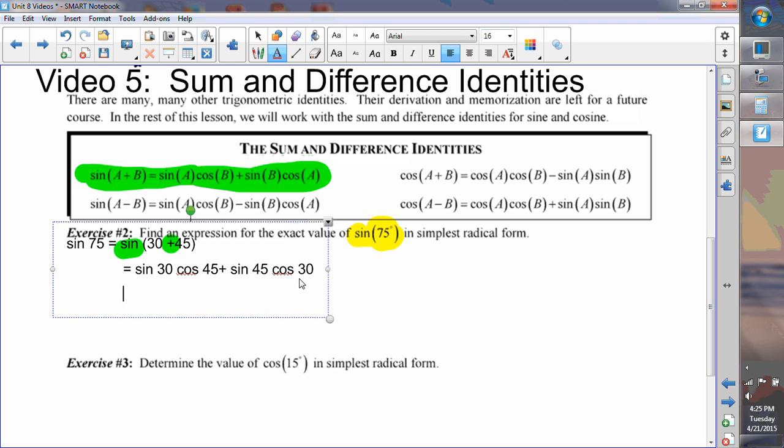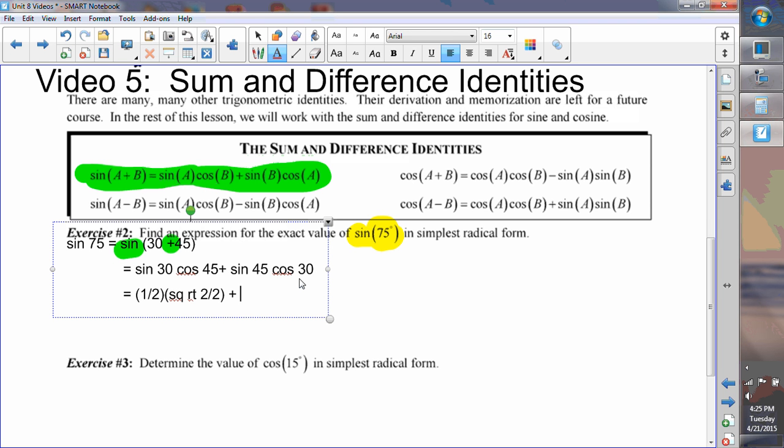Now, remember those lovely triangles, or however else you choose to remember sine of 30 and 45 and so on? We're going to refer to them again. So maybe by now you've memorized this, and if not, you have your calculator and your triangles to help you. The sine of 30 is 1/2. The cosine of 45 is the square root of 2 divided by 2.